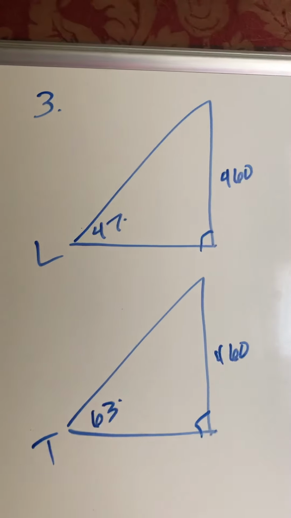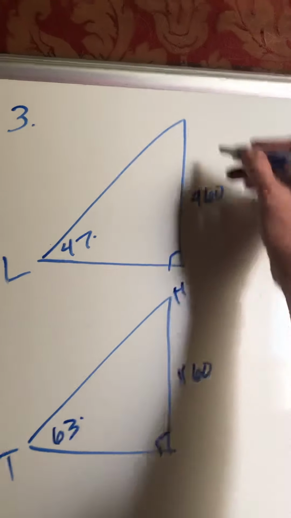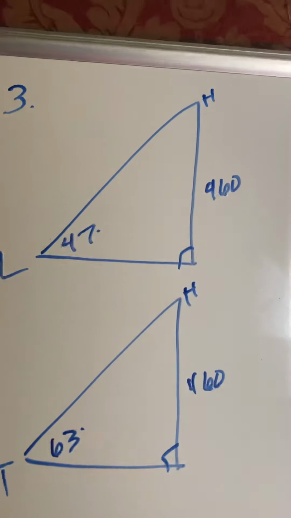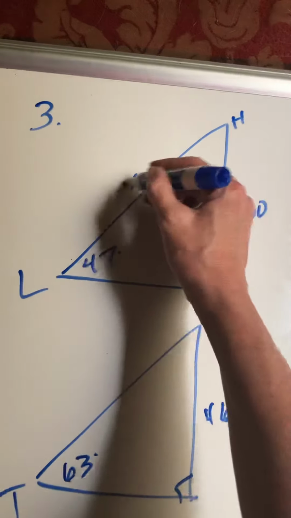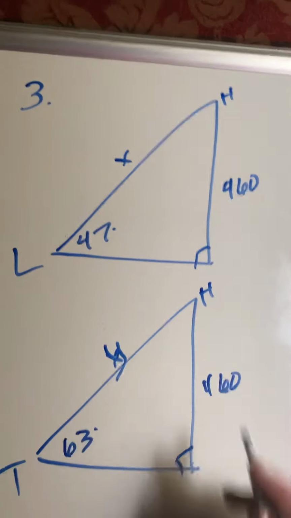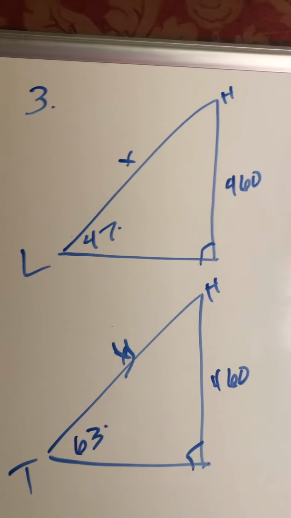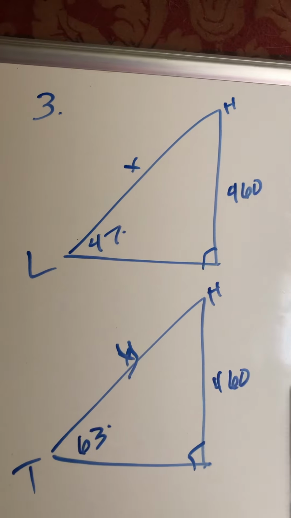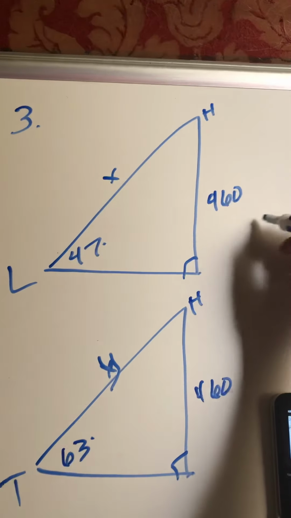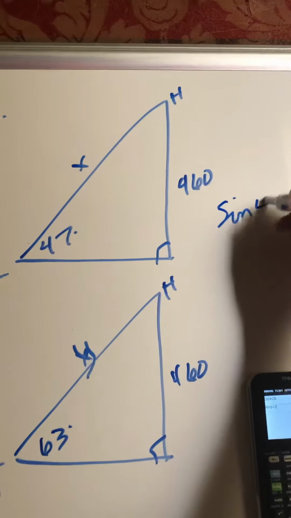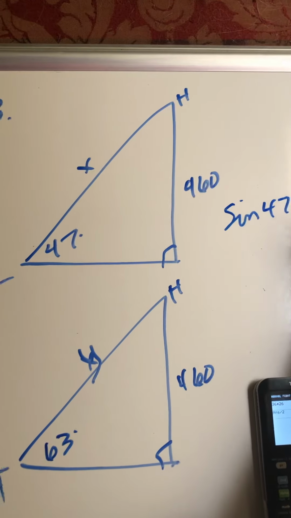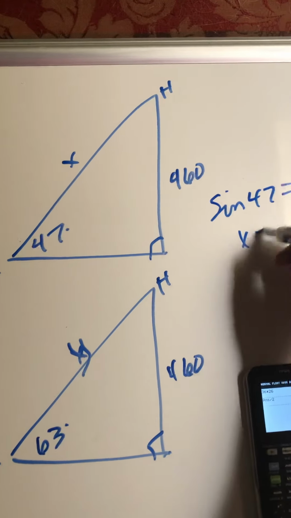We want to know who is farther away from the helicopter. This is Teresa. If the helicopter's up here, you're looking for that distance. So that's like a sine. Sine of 47 is opposite 460 over hypotenuse.